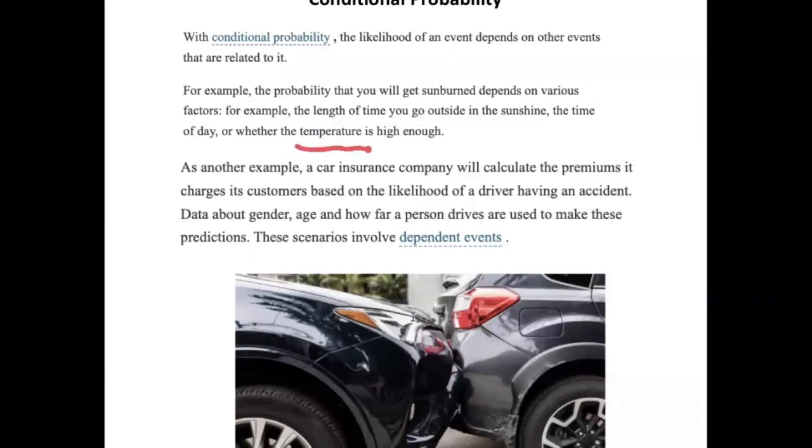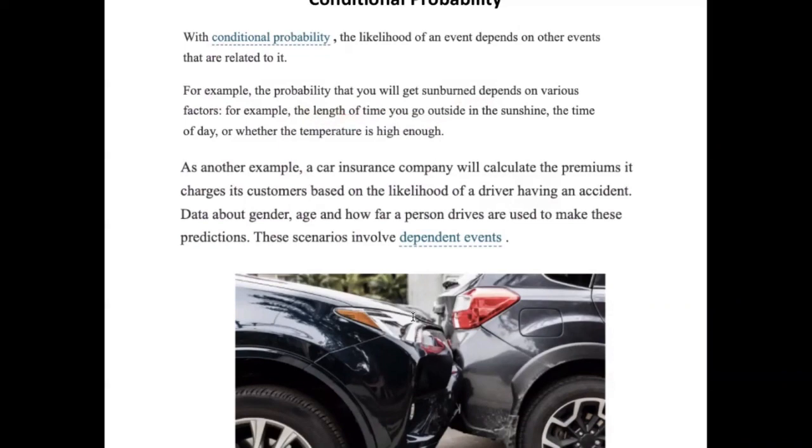Or whether the temperature of that city is high enough, then you are going to get sunburned. So these are the factors that determine whether you are going to get a sunburn or not. So the two events are the duration and the sunburn.